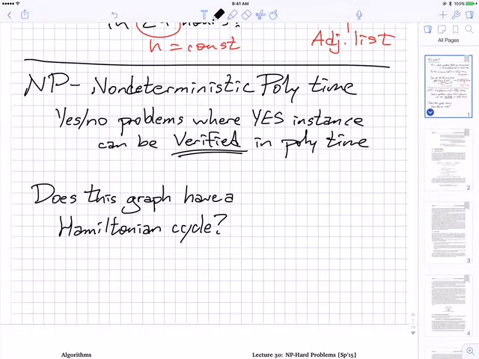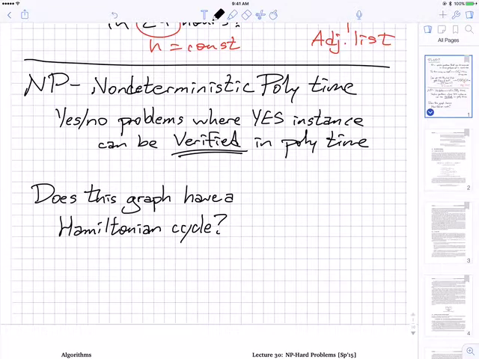On the other hand, if I want to convince you that a graph has a Hamiltonian cycle, how could I do that in polynomial time? I just give you the description of the Hamiltonian cycle. I say, well, you could start at vertex 1, and then go to vertex 7, and then go to vertex 42, and then go to vertex 17.